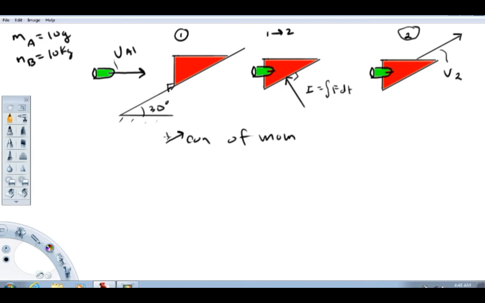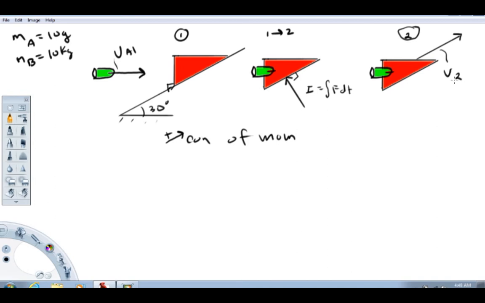Momentum in this direction is conserved because there's no impulse acting here, because this impulse does not have a component in this direction. So what you need to do with this problem is take your initial momentum, m_A v_A1, times cosine 30 degrees, which represents the initial component of momentum along this axis, and set it equal to your final momentum to get V2.